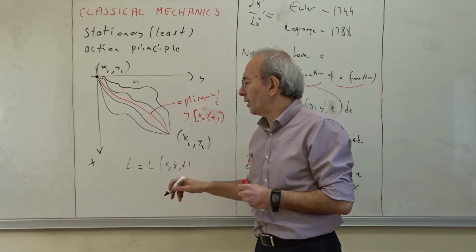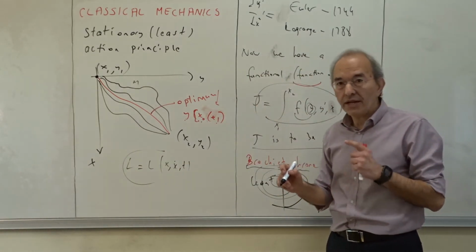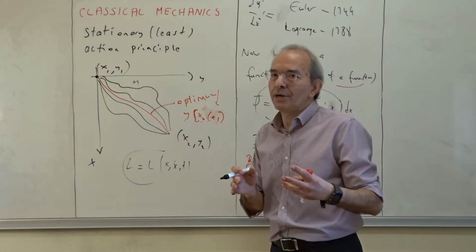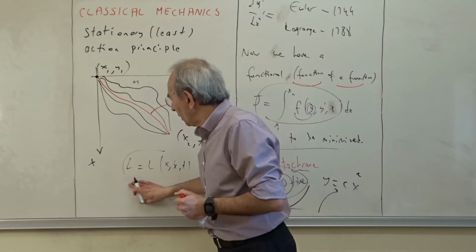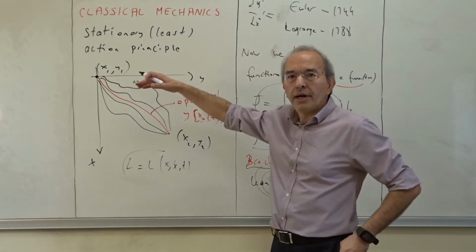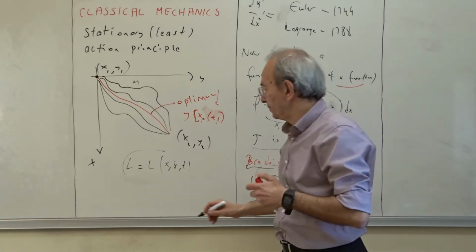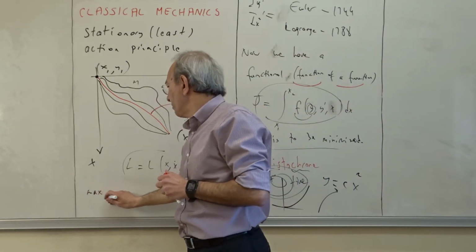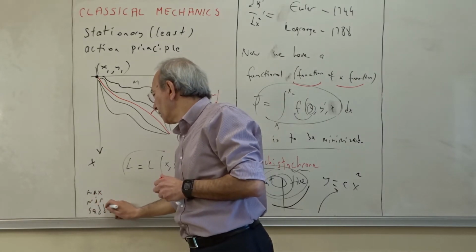This is the Lagrangian L that will correspond to this F, and you want to optimize, minimize that. And it is either a minimum or a maximum or a saddle point.